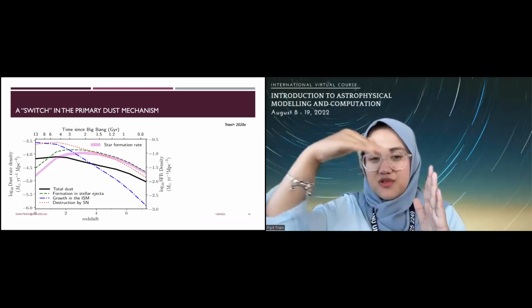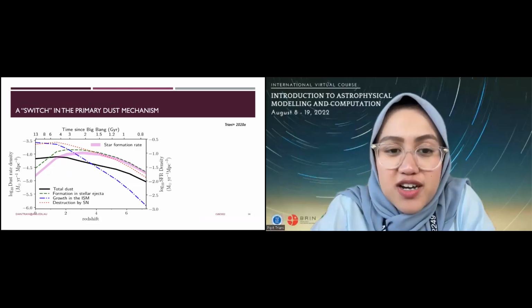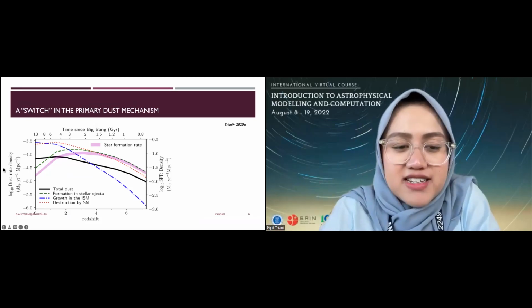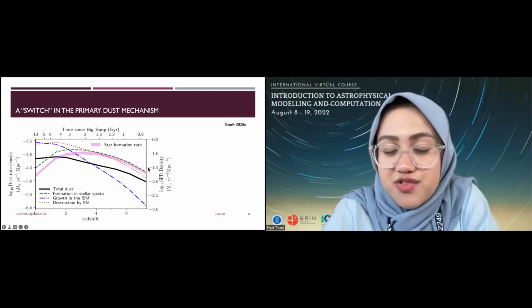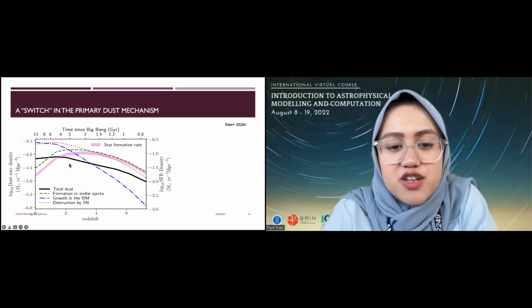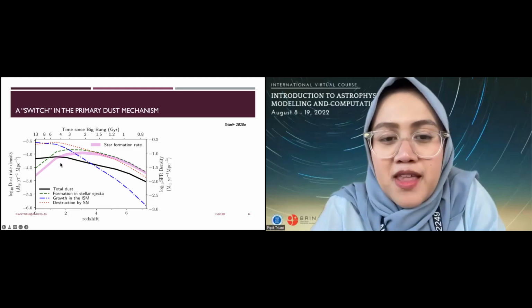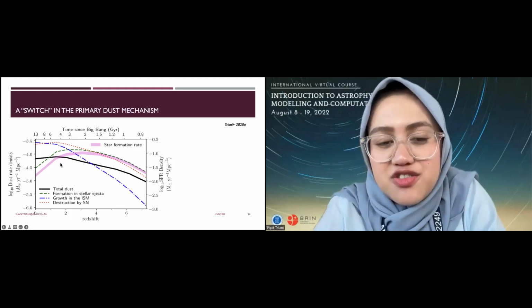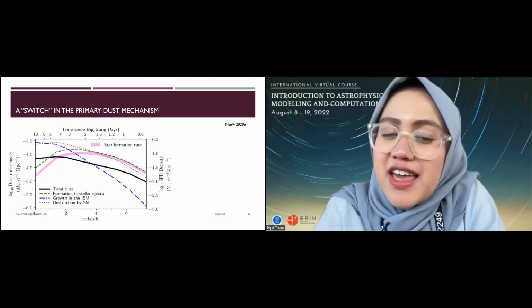Remember the cosmic noon? This has a different axis scale, so it looks a bit different, but it is basically the star formation rate density versus time since Big Bang and redshift, and it shows the cosmic noon around redshift 2. When we model the dust, the results of the model show the dust has the same thing.